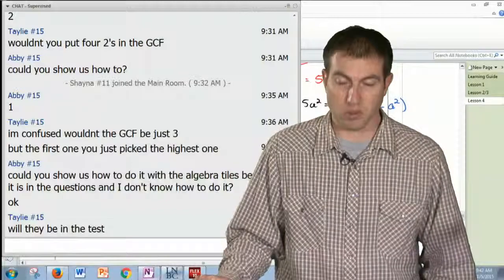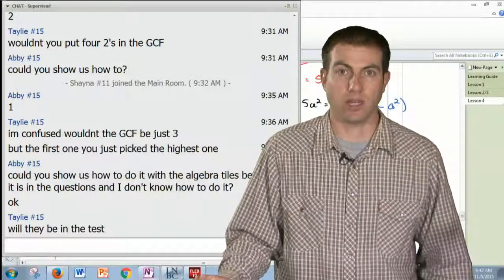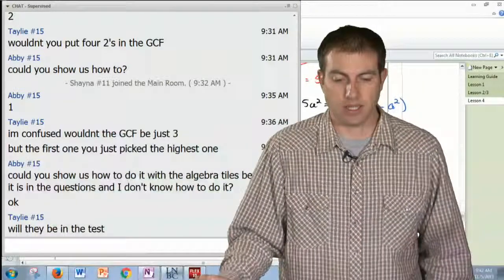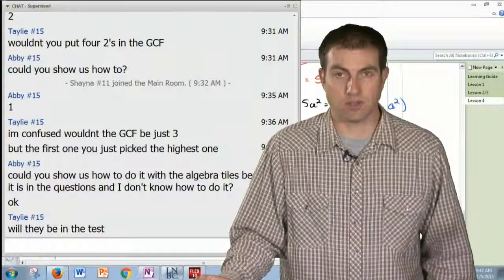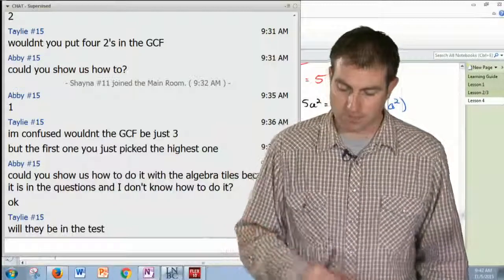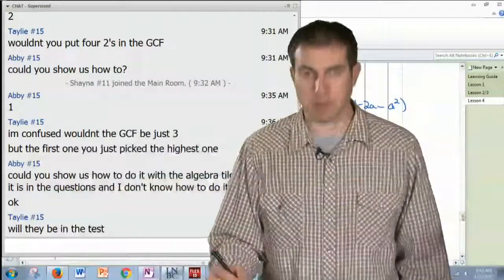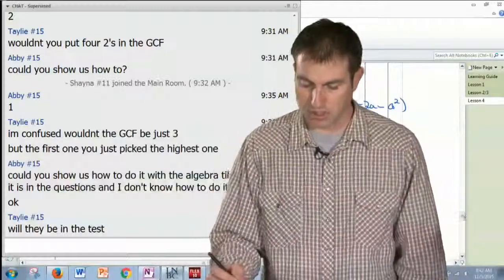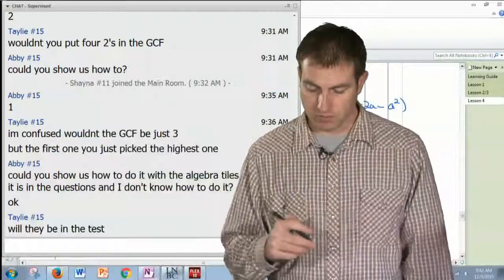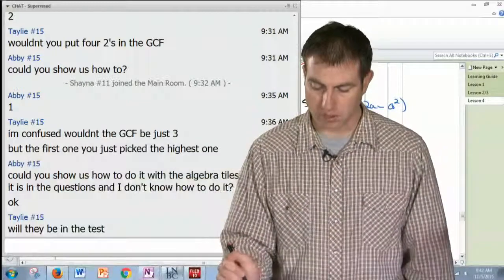Like I said, maybe only once or twice have I seen questions with algebra tiles on the provincial exam, and even then you can solve them without using the algebra tiles. So it's there, I have to mention it, but it's not really worth spending a ton of time on. Maybe the next class, I'll see if I can find some time to talk about algebra tiles.